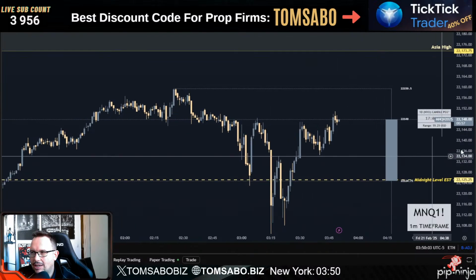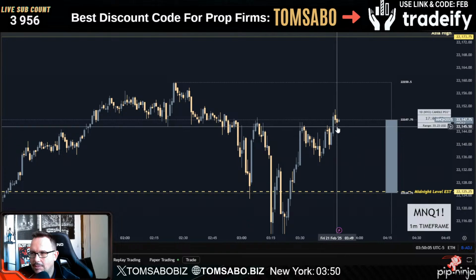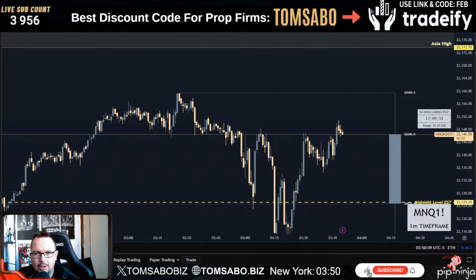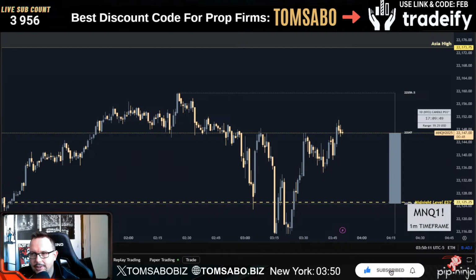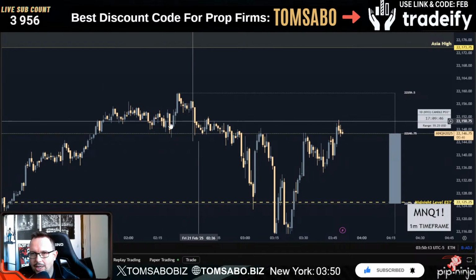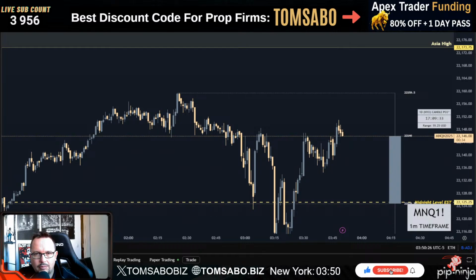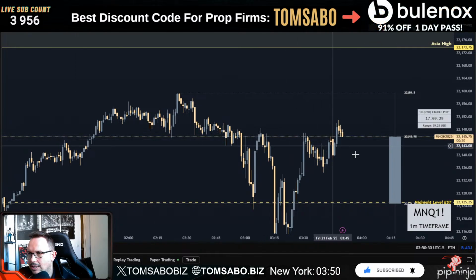I wish I would have a nice entry, but I mean, this looks good as a continuation to pick the top of this range, but you can just, you know, turn around. It definitely is difficult to pick the side here.